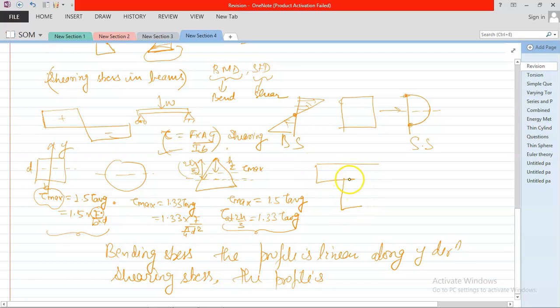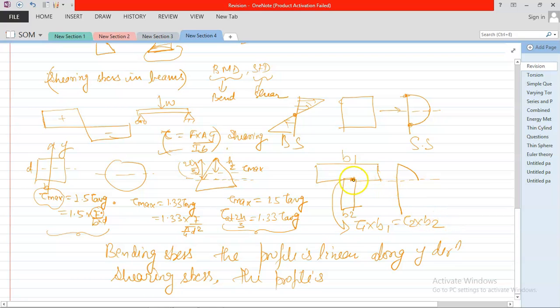Now let us take an unsymmetrical section. You don't need to remember the formula, because in shearing stress the formula is very difficult, since every section needs a different calculation, unlike bending stress. So know how to draw the figure. Suppose this is a rectangle; a rectangle is parabolic, so draw a parabolic shape up to this line. At the junction, the equation to remember is, suppose this is tau 1, with b1 and b2: tau 1 into b1 is equal to tau 2 into b2.